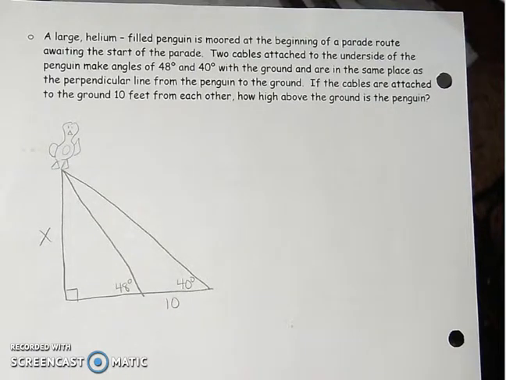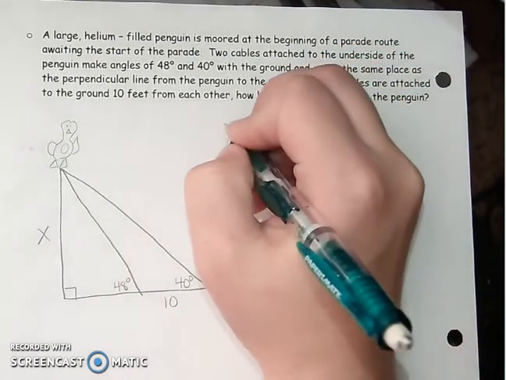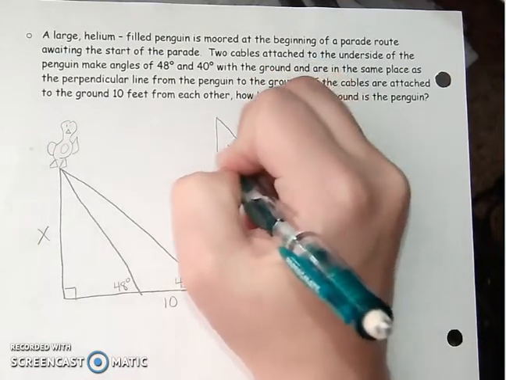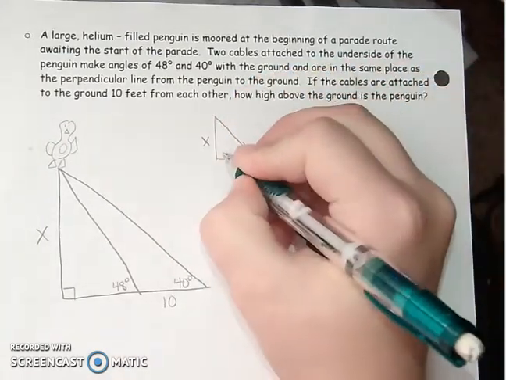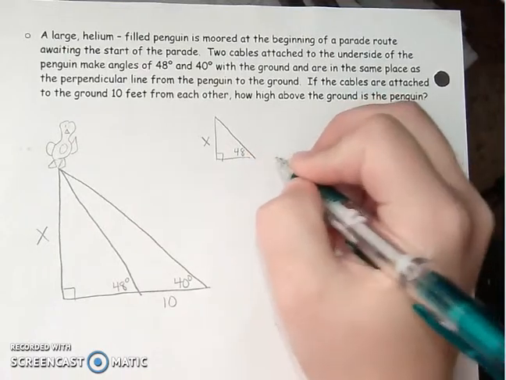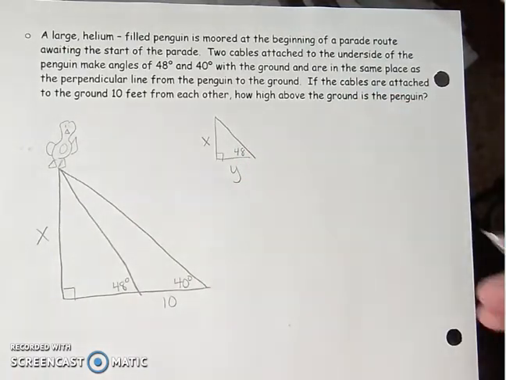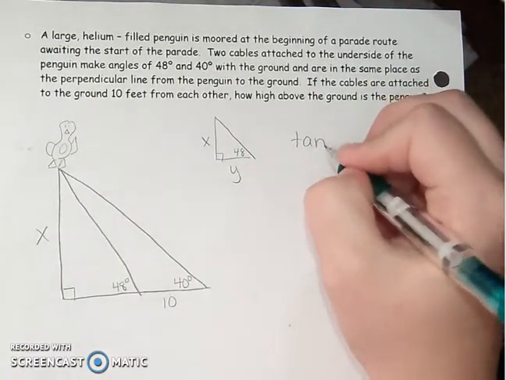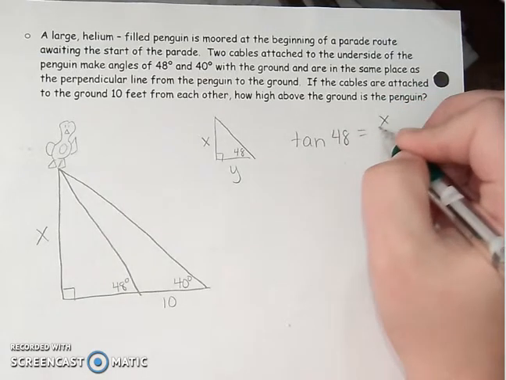But I still can set it up the same way. I have one triangle. X is my height. 48 is my angle. I don't know this, so I'm going to let it be Y. So in this case, the tangent of 48 is X over Y.